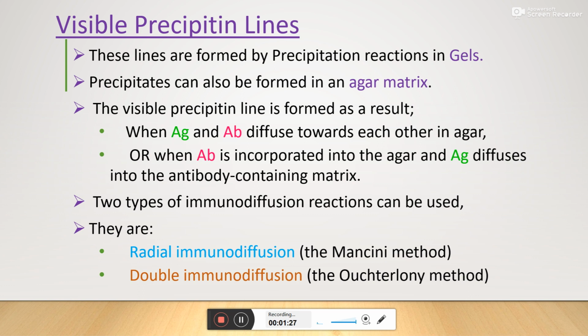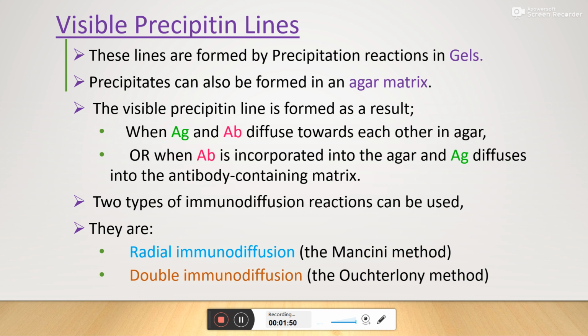On the other hand, when the antibody is incorporated in the agar matrix and the antigen is added to it, they diffuse toward each other and form a visible precipitin line.